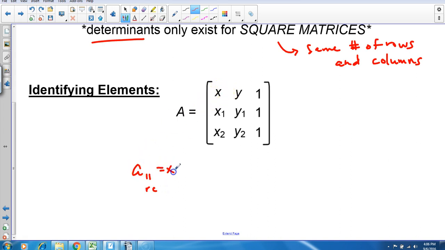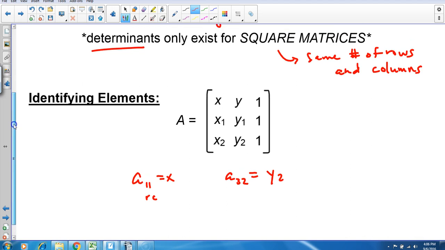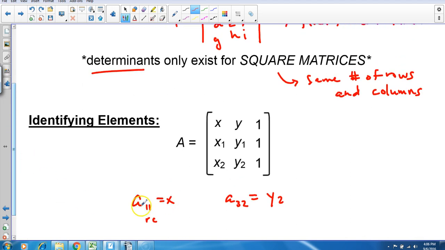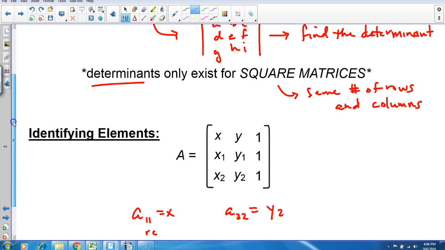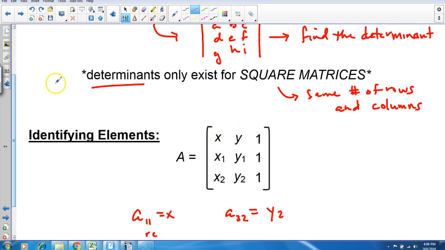That's going to be equal to X. The element in, let's say, the third row, second column would be equal to Y2. Third row, 1, 2, 3. Second column, move over 1. That's how we can identify elements. So A11 means, what's the element in the first row in the first column, where these two intersect?